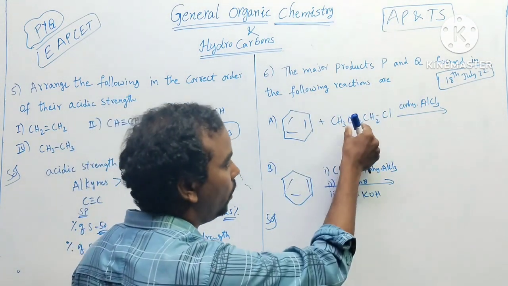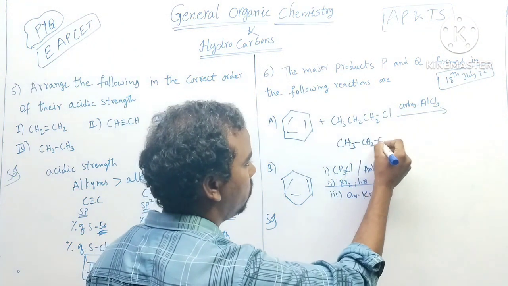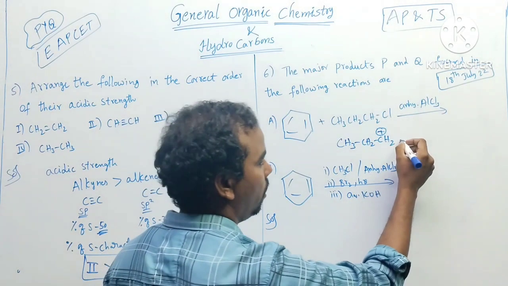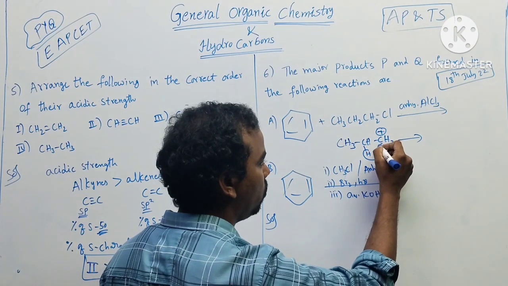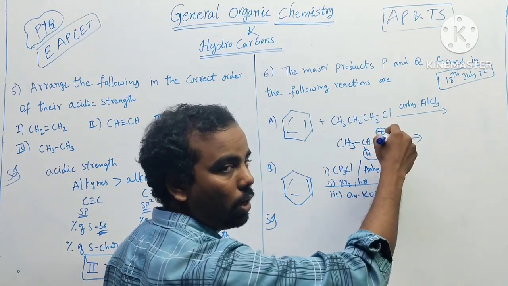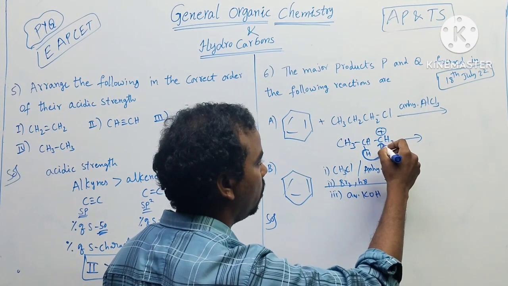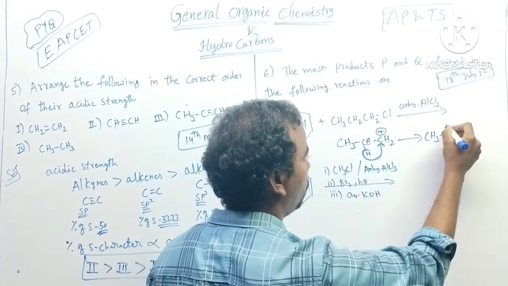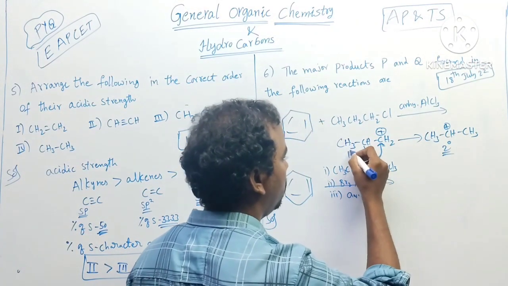But if it is a propyl group, first it forms CH3CH2CH2 positive, Cl minus. After that, one hydrogen is rearranged to the carbocation. One hydrogen is shifted to the primary carbocation, and it forms CH3CH positive CH3. It is a secondary carbocation; the other is primary.